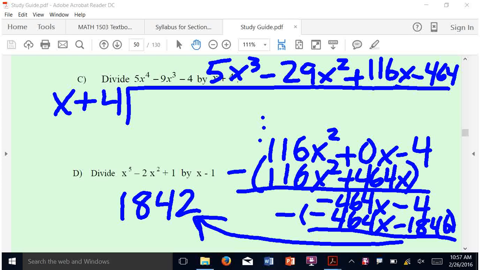So let's rewrite a few things. So we have a remainder, and when we attach it to the end of our quotient, you're going to get plus the remainder over x plus 4.